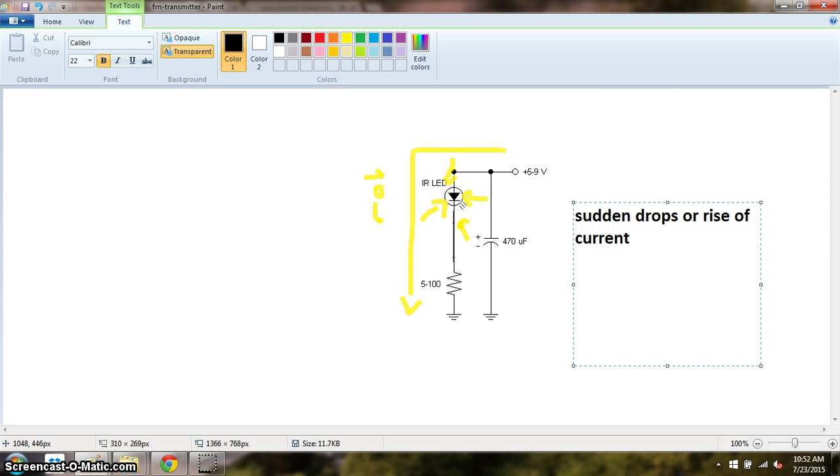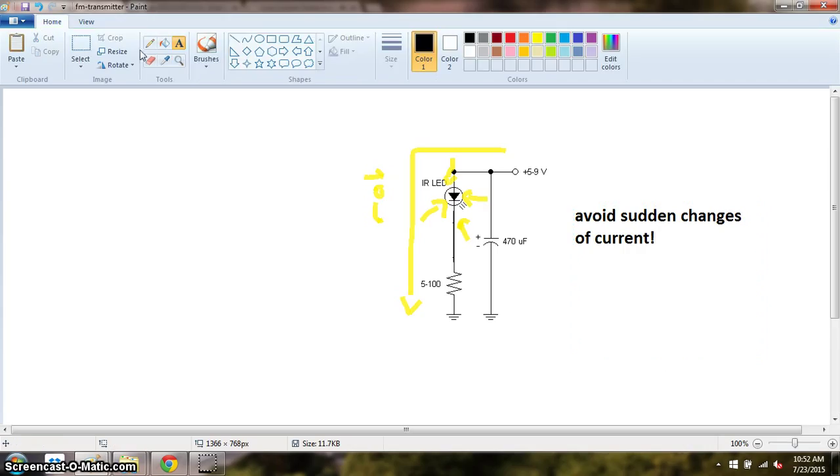So it is used to avoid sudden drops and rises of current, or simply changes of current. So that's where the capacitor is working here. This is the only reason I can think of.